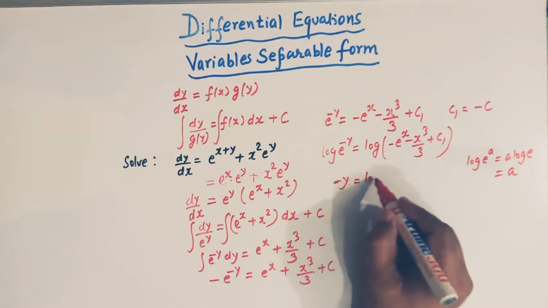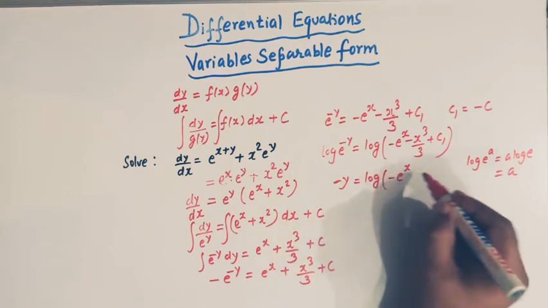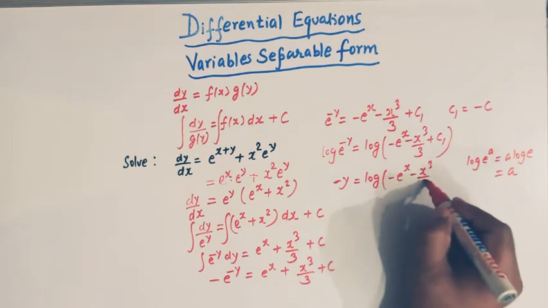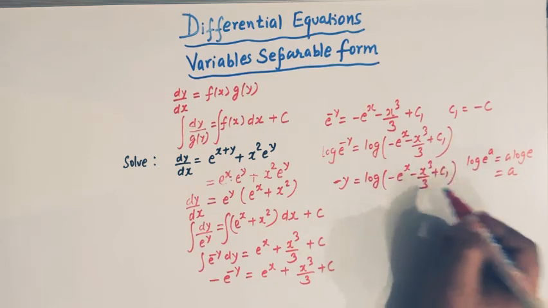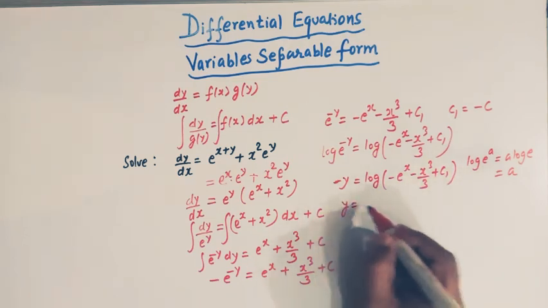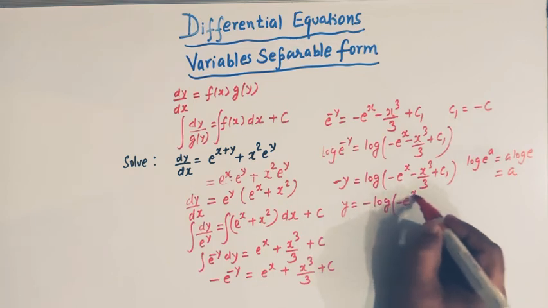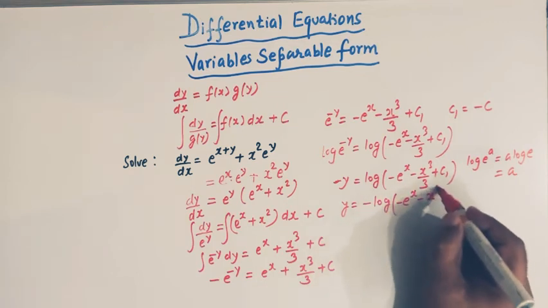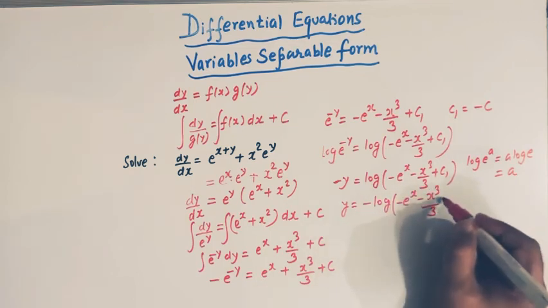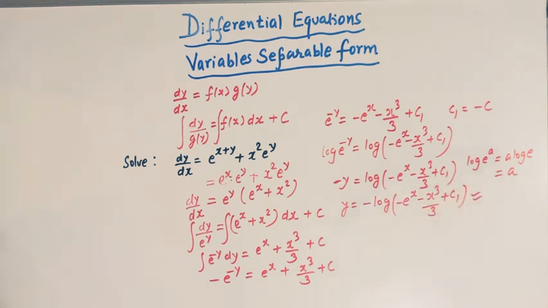So here we have log of minus e raised to x minus x cube over 3 plus c1. So this is the required solution, or y can be written as minus log of minus e raised to x minus x cube over 3 plus c1. So this is the required solution.